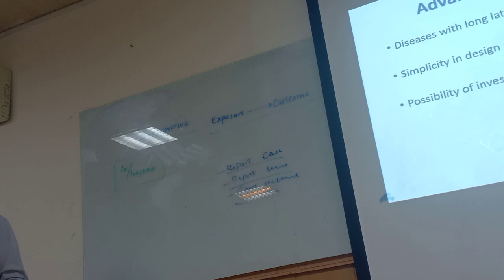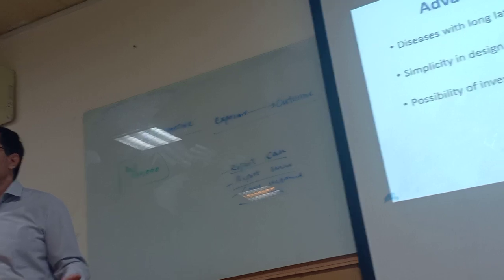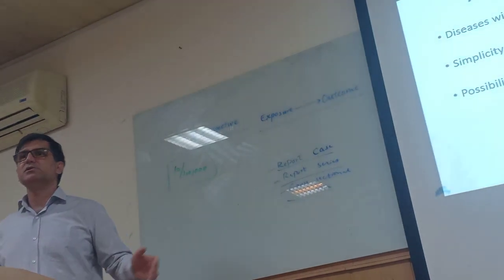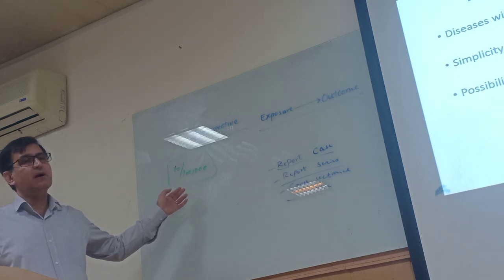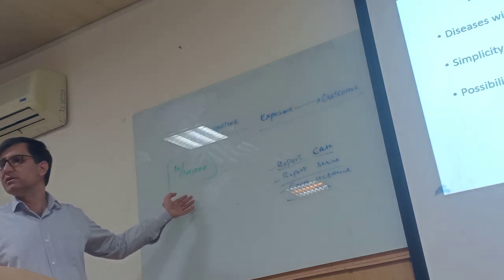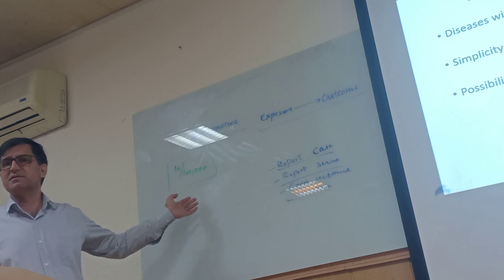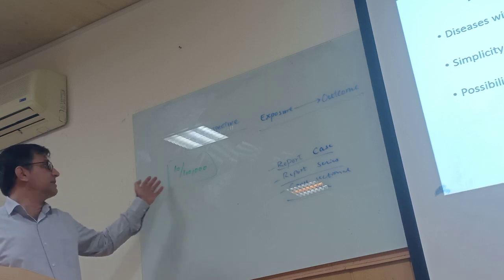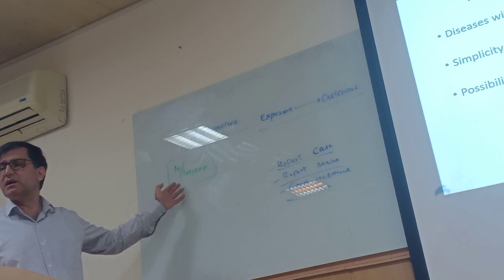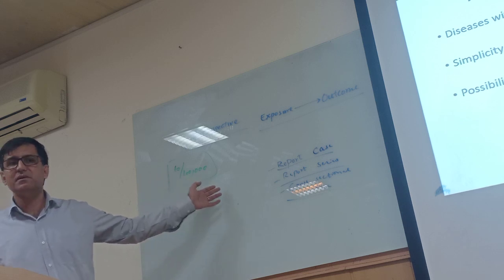Let's say we want to have 100 cases. How long should we wait to have 100 cases? The rate is 10 per 100,000 per year.